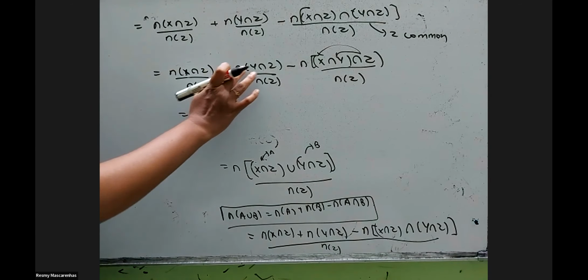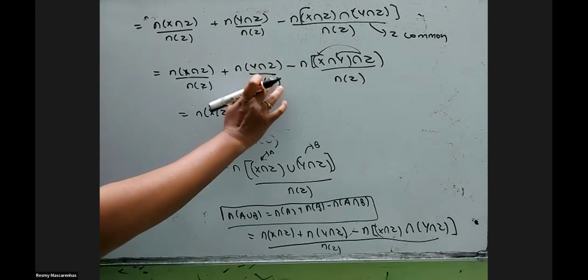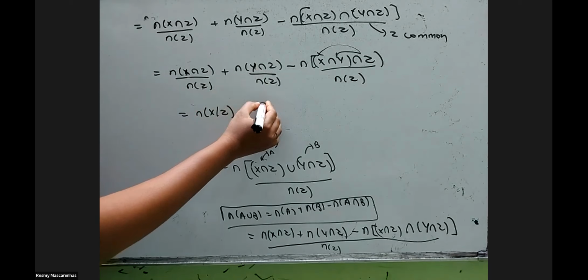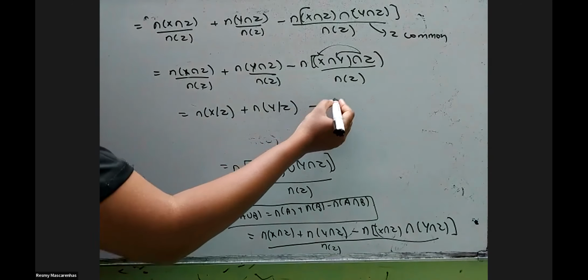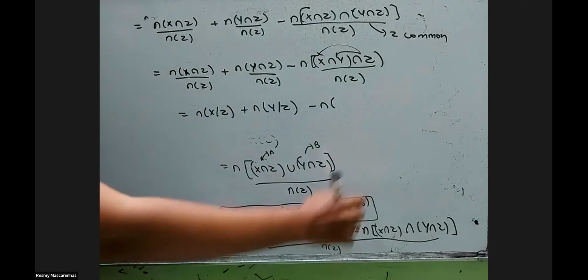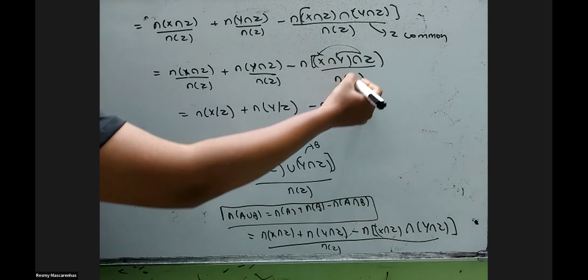Same way, P of Y intersection Z upon P of Z is what? Y upon Z. You just have to look back at the question.